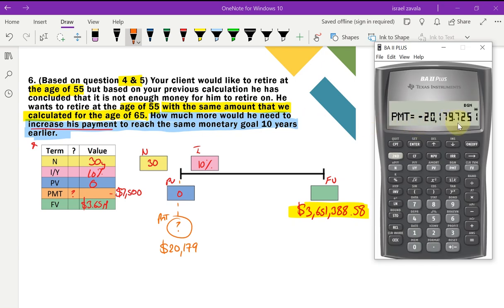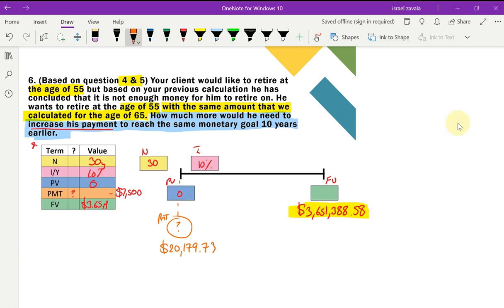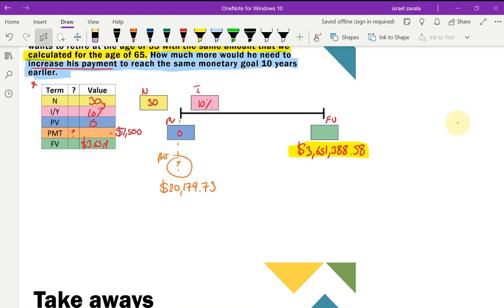And 73 cents. Okay, so what is the actual question? It says, how much more would he need to increase his payment? We were paying $7,500, but now to reach the same goal 10 years earlier, we need to pay $20,179.73. That is a huge amount.